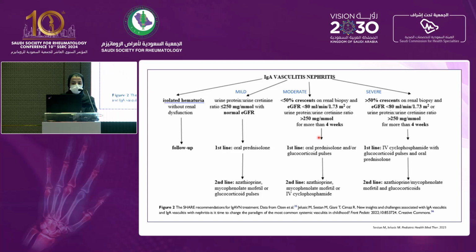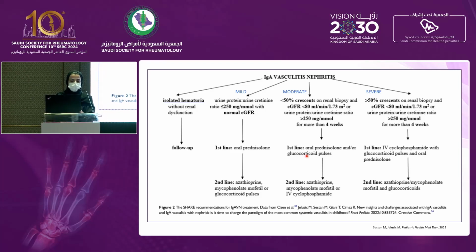So for the steroid use in case of IgA vasculitis, whenever we have a mild nephritis, it is indicated by the SHARE initiative to start oral prednisolone as a first line. Then a second line will be azathioprine, MMF, or pulse steroid. If you have a moderate nephritis, you will start with either oral or IV or both.